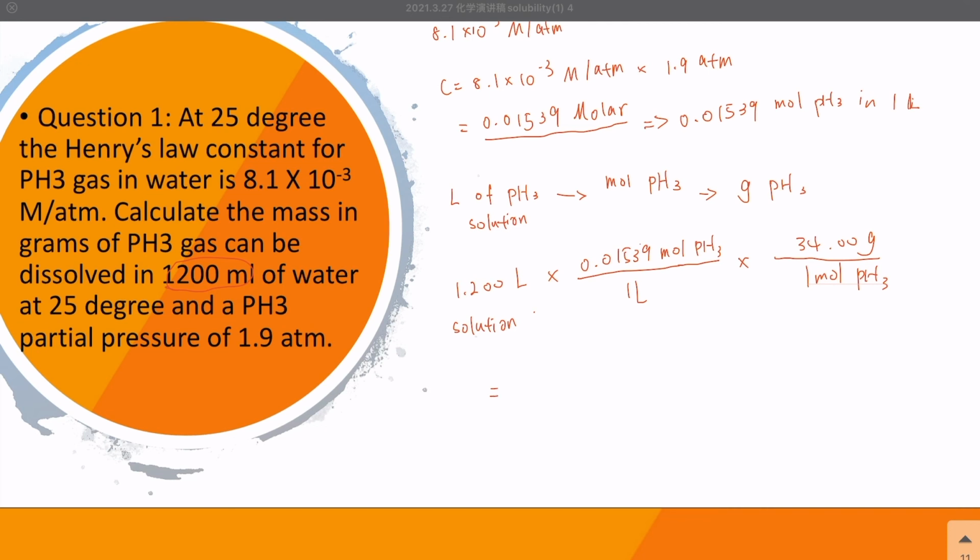Finally, we get the answer as 0.63 gram.